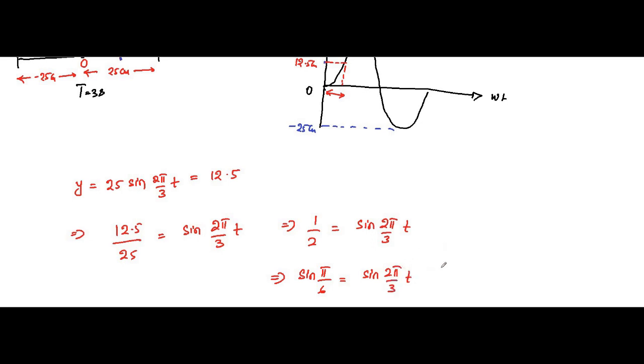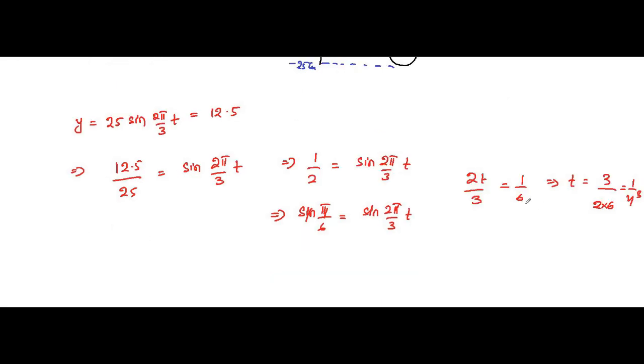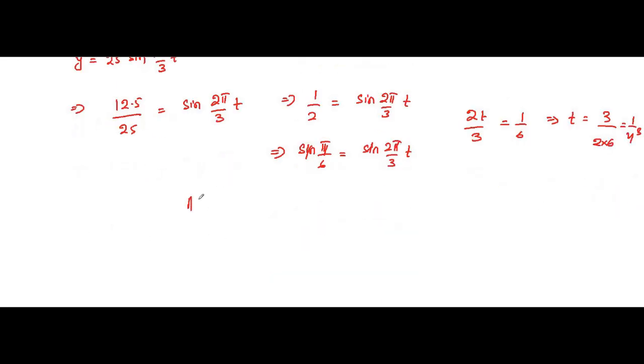Sine and pi get cancelled, so 2t by 3 is equal to 1 by 6. That implies t is equal to 3 by 2 into 6, so it is 1 by 4 seconds. So at t equals 1 by 4 seconds, the instantaneous position y is equal to 12.5 centimeters.